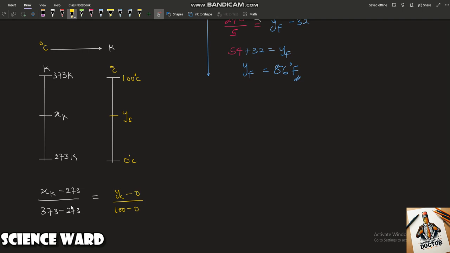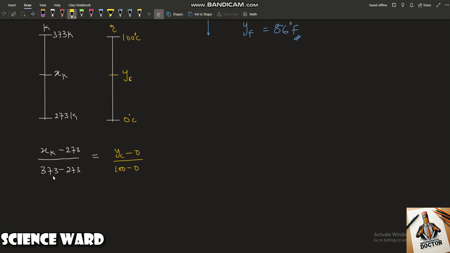If I do that in this case, xK minus 273 is still going to be the same, and that could not cancel out anything. That should be divided by 373 minus 273, which is going to give you 100. And this should be equal to yC minus 0, which is still going to be yC, over 100 minus 0, which is 100.